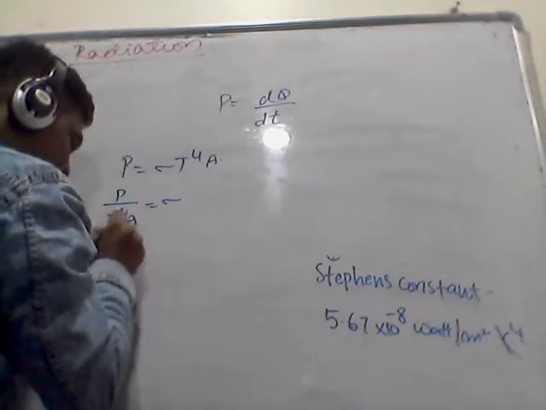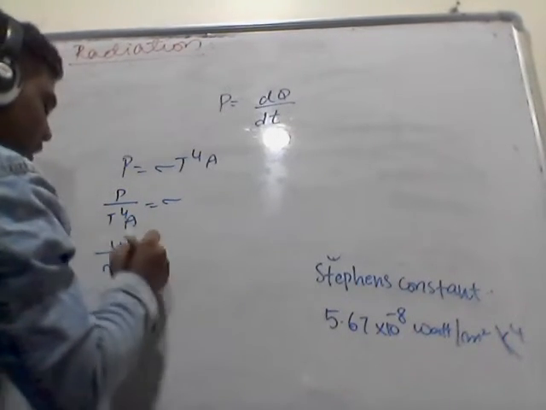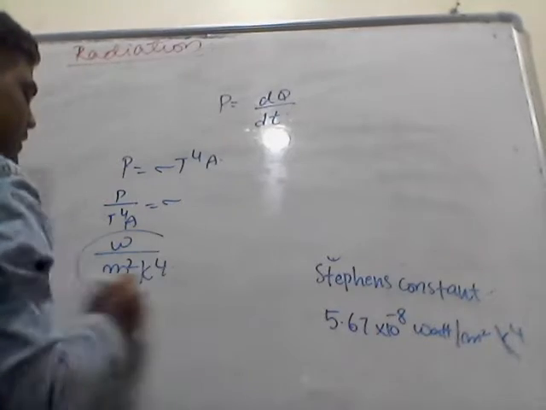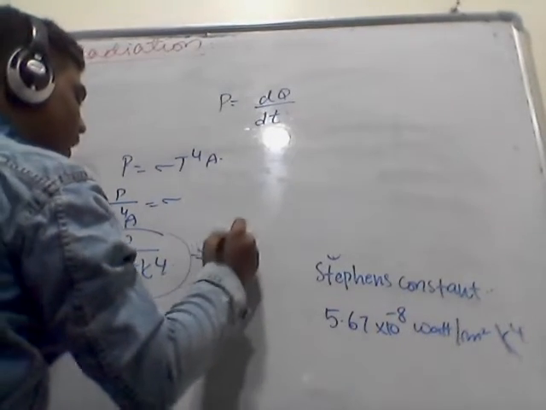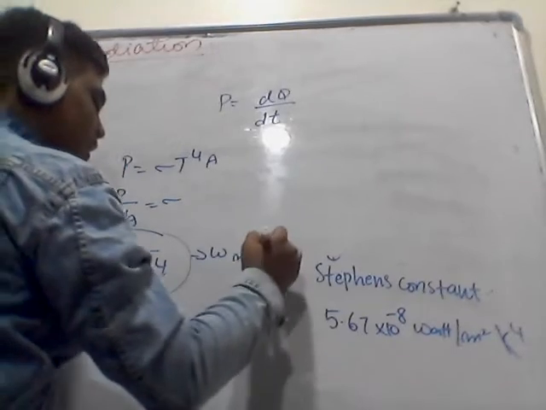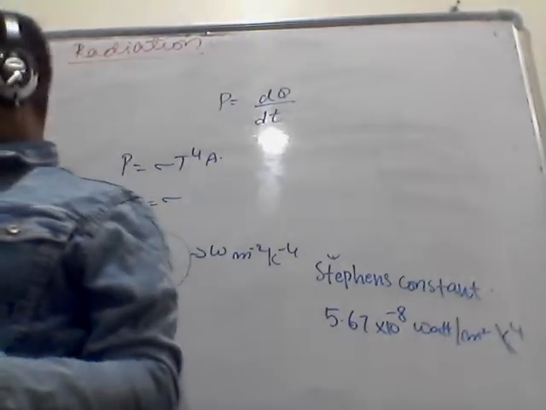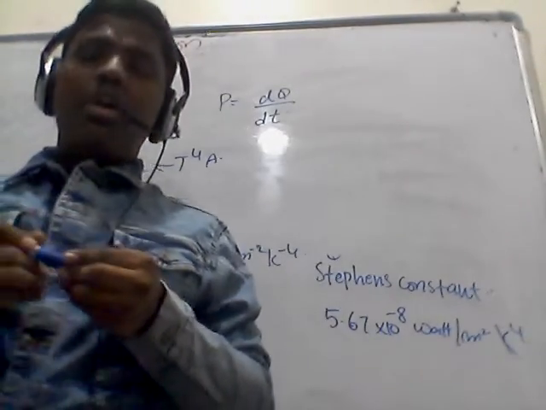Units of power is watt, units of area is meter square, temperature is Kelvin power 4. Hence, this can be written as watt per meter square Kelvin power 4.